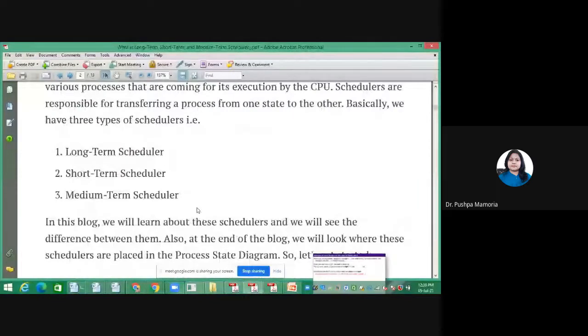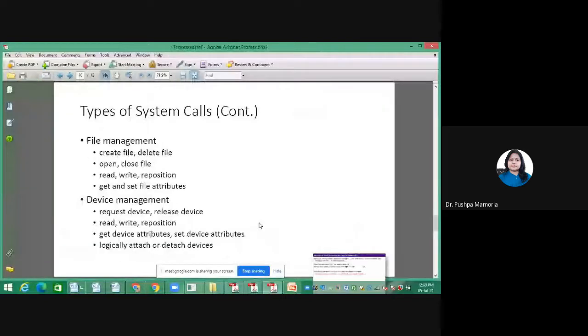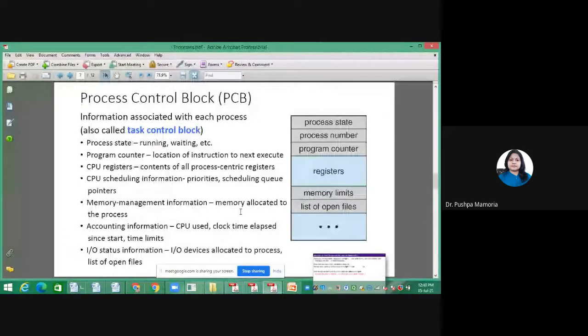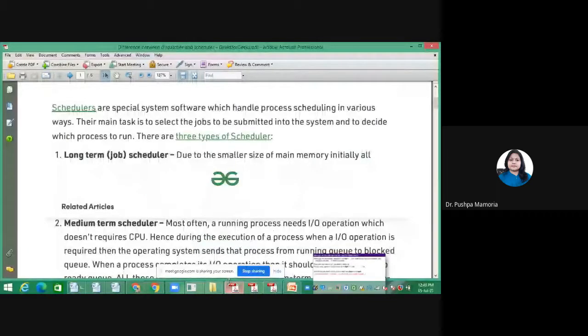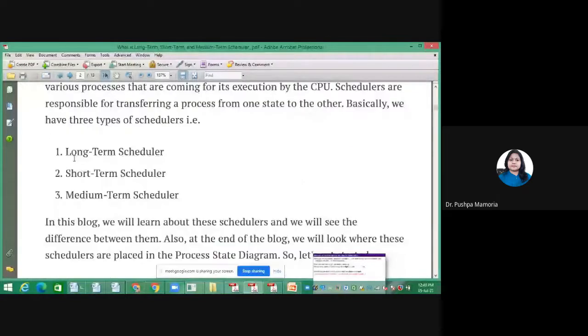We have seen the structure of the process, where it is, yes, here. See, they are saying scheduler, dispatcher, right? So what does scheduler mean? They are explaining here. There are three types of schedulers available: long-term scheduler, short-term scheduler, and medium-term scheduler. Okay.